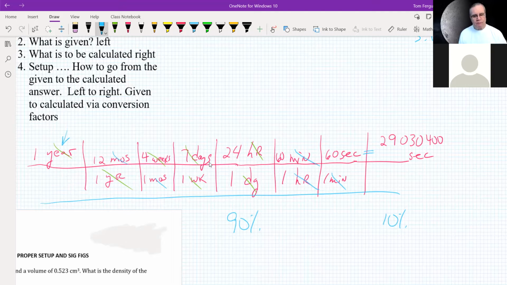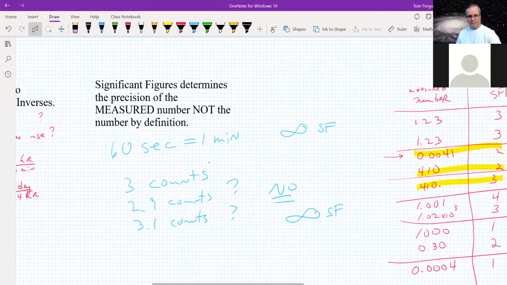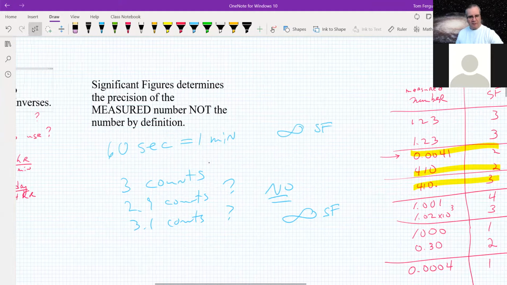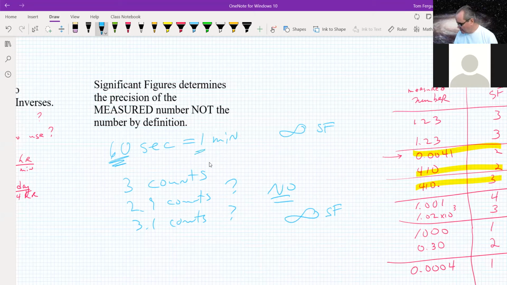Yes and no. Remember with significant figures, if we have a definition, that doesn't count. In other words, how many seconds are in a minute? Exactly 60 in 1 minute. So does this mean it's one sig fig? No, because it's by definition. Okay.